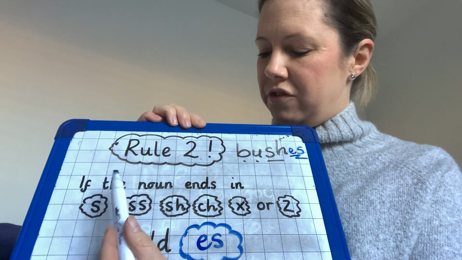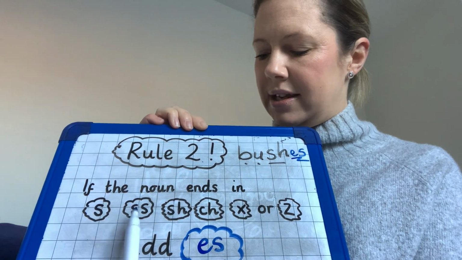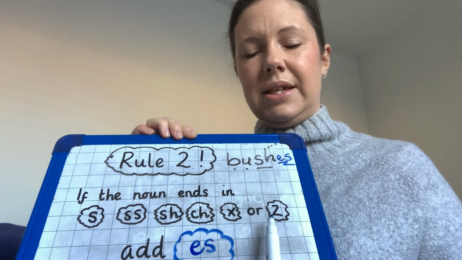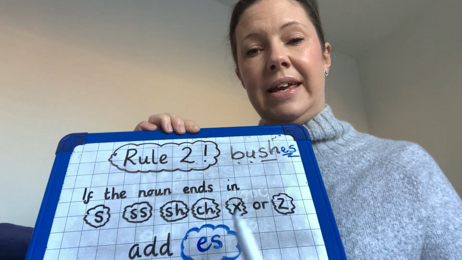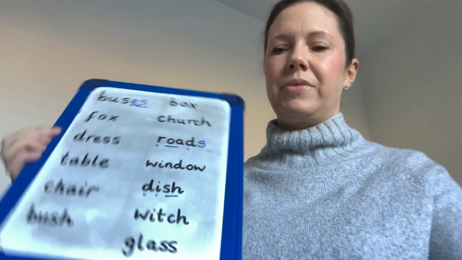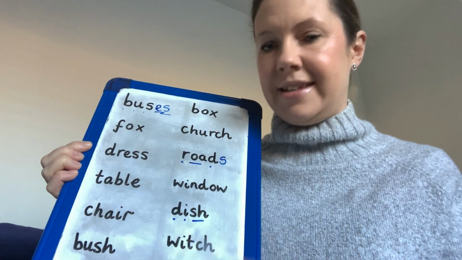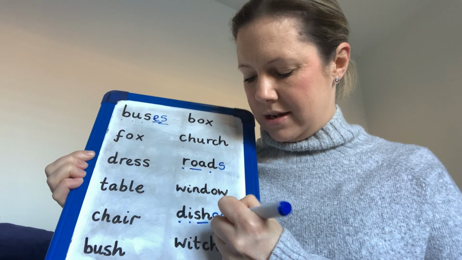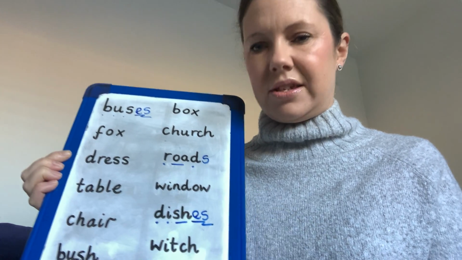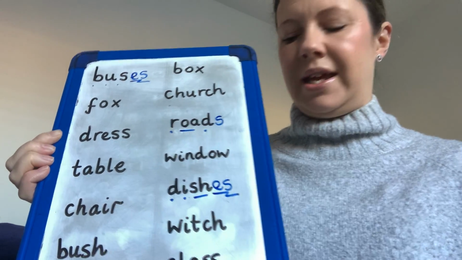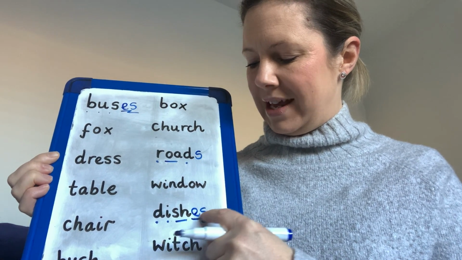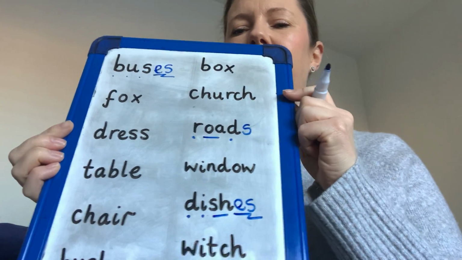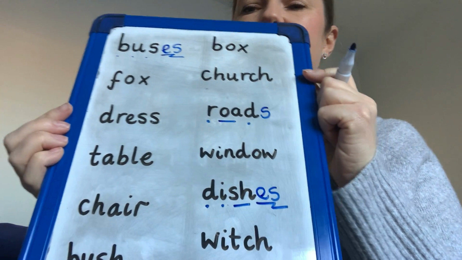So if the noun ends in s, sh, ch, x, or z, then we have to add es. Dish does indeed end in sh, doesn't it? So we're going to add es, because that's our bolt on. We put our little lightning bolt underneath. So dish is dishes.